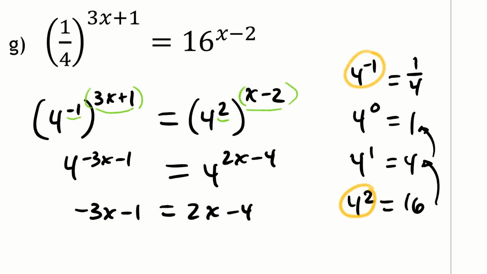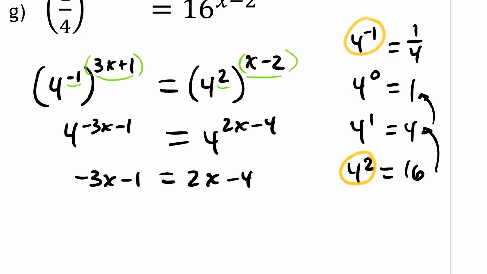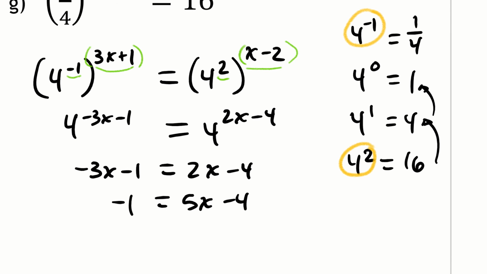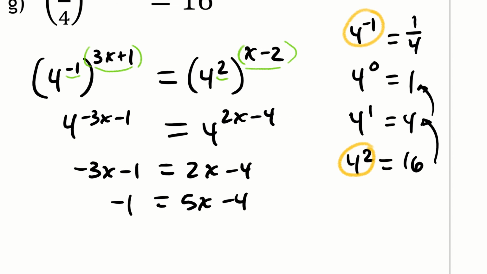They must be the same. I'll take away, let's see, which way should I go? I'll add 3x to both sides. So this is going to become 5x minus 4. And now I'll add 4 to both sides. So this is going to become negative 1 plus 4, which is 3, equals 5x.